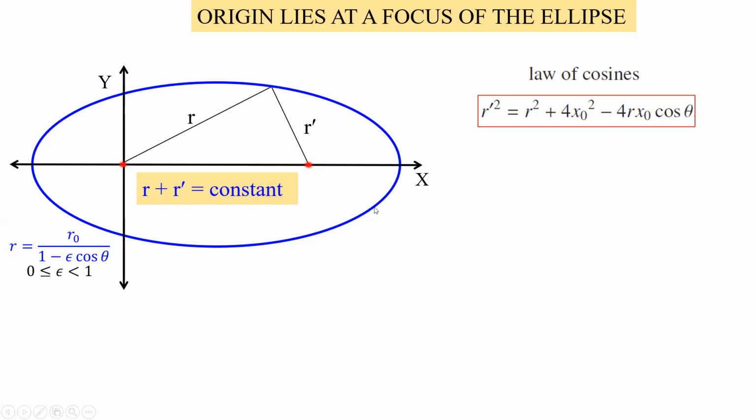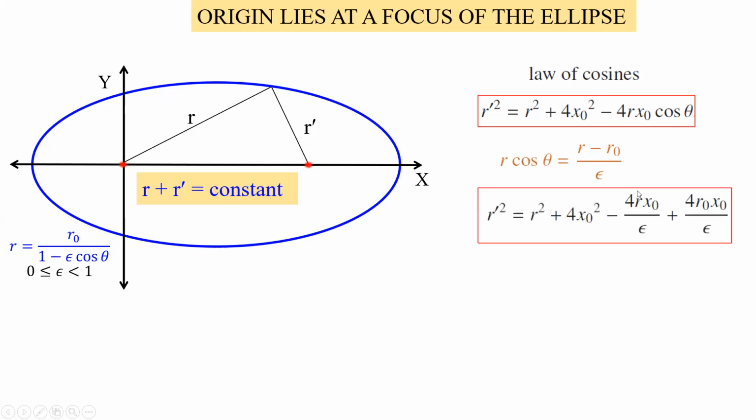From the equation of the conic, we can write r cos theta is equal to r, so we substitute for r cos theta in this equation, and the law of cosines changes to r dash square is equal to r square plus 4x naught square minus 4r x naught divided by epsilon plus 4 r naught x naught divided by epsilon.